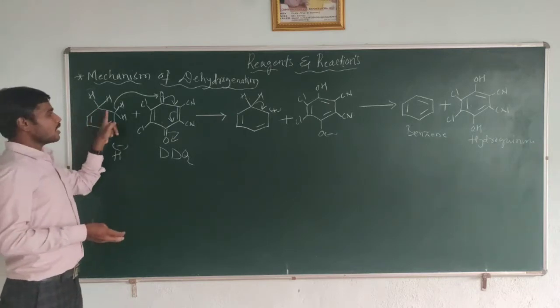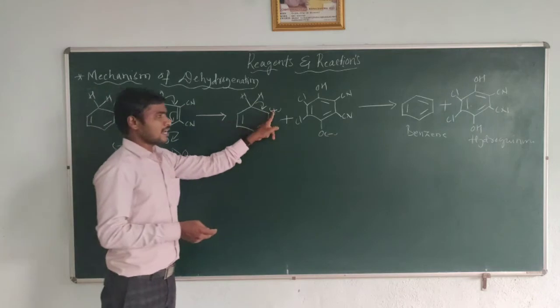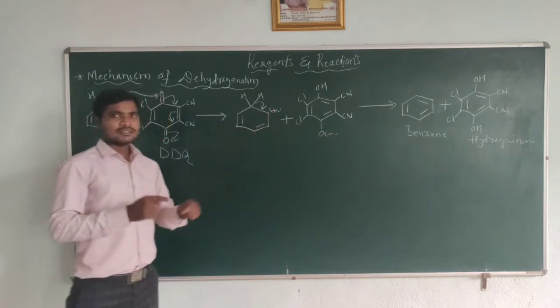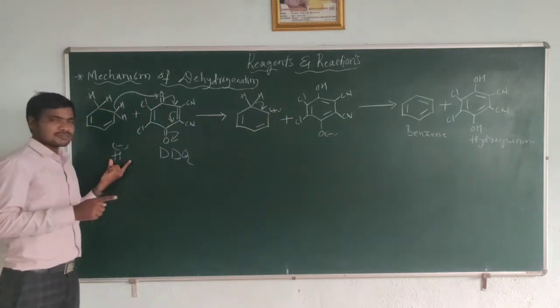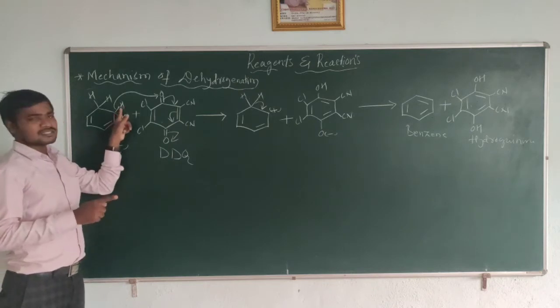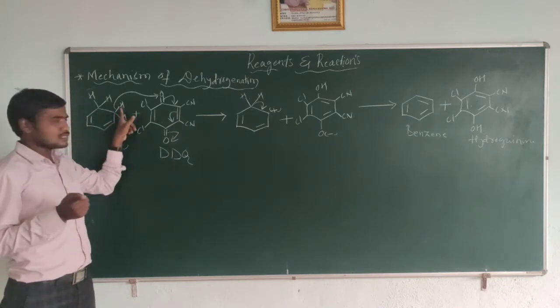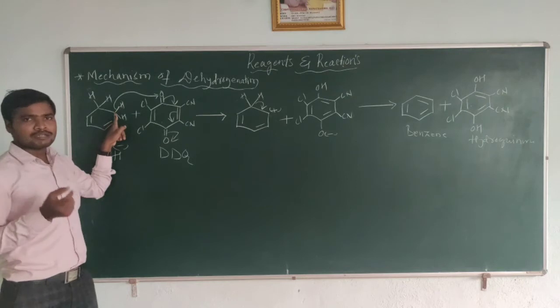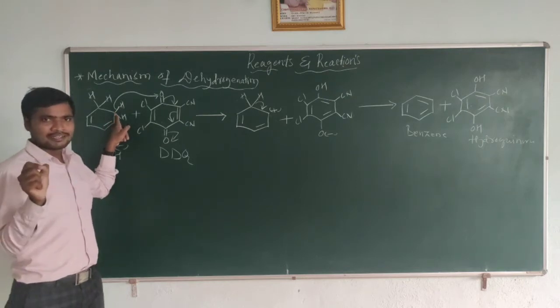Whenever the hydride ion is removed from the reactant molecule, the formation of a carbocation takes place, because the hydride ion is nothing but H minus ion. So whenever H is removed as H minus, this carbon atom loses one of its bonding electrons.